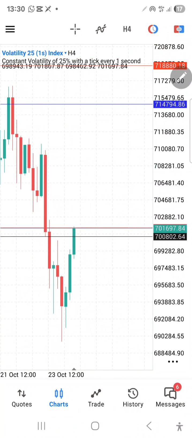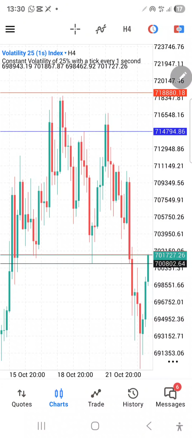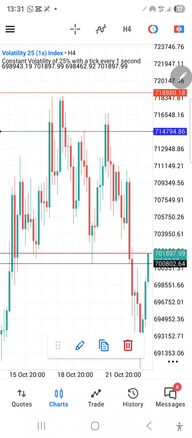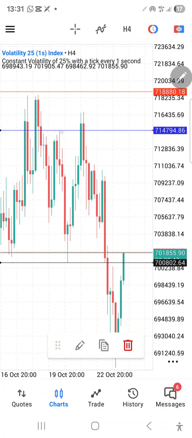Now on the 4 hours, I saw my setup. The same thing, change of character. Price gave this higher high, higher low, higher high, higher low, higher high, then gave the first break to the downside, which still doesn't signify that price has changed trend. Then a lower low, this lower high here, now this lower low, and boom, we had our liquidity here, we had our protected high here, and we have our high that was swept.